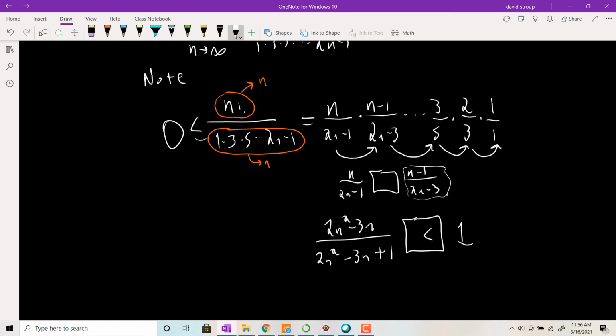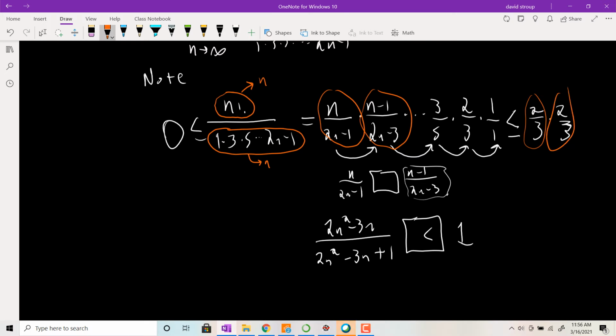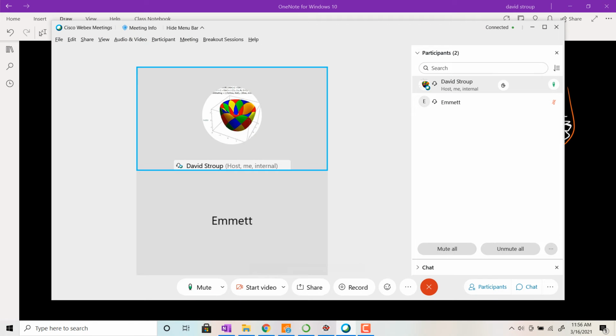So we could say that this expression is definitely less than or equal to, well, every term here must be less than 2/3, right? So I could replace the first term with 2/3, and this thing will be less than this thing. And then I can replace the second term with 2/3, because again, this thing will be less than this thing, right? Okay, hold on.